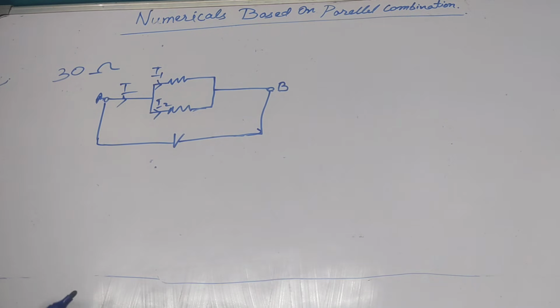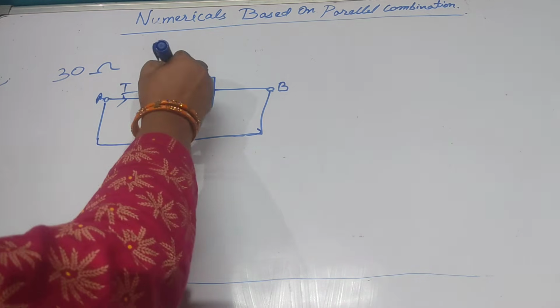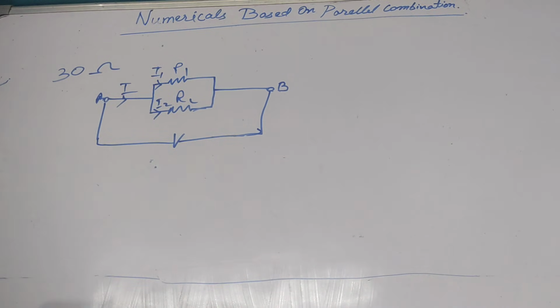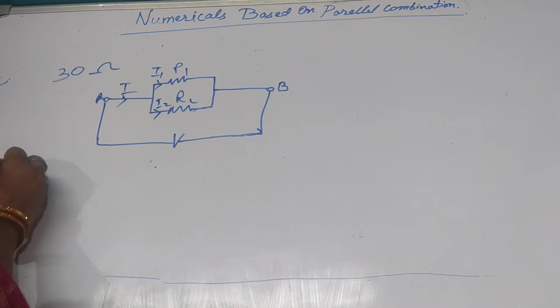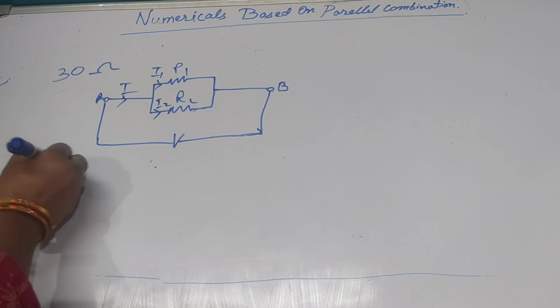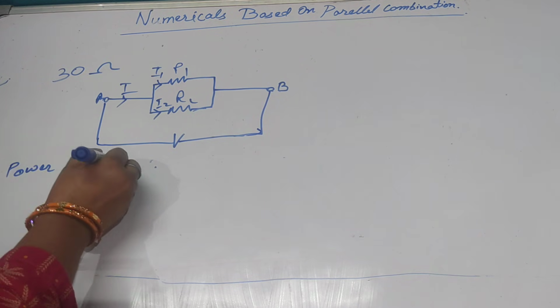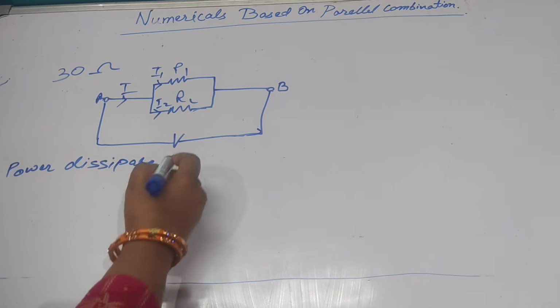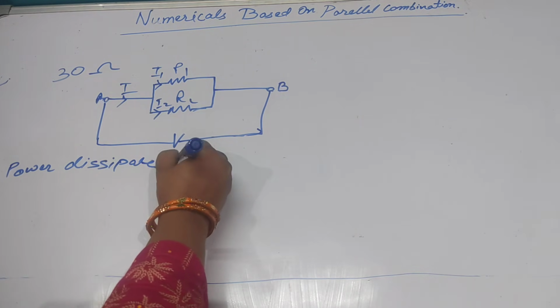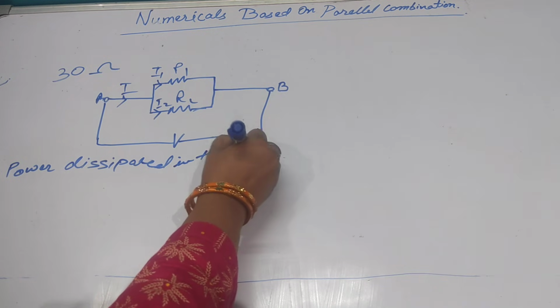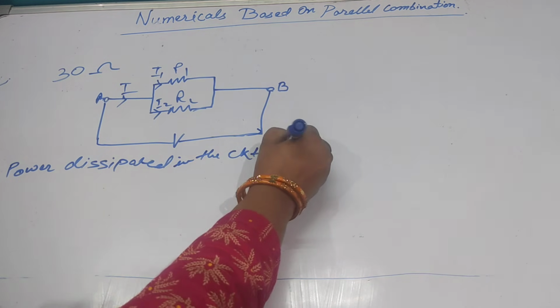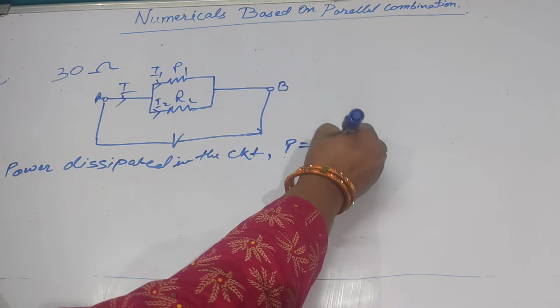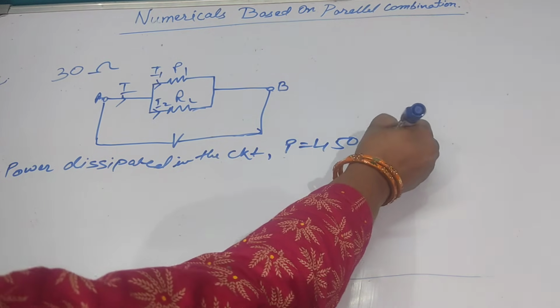Okay. Power dissipated. Power dissipated in the circuit P is given already 450 watts.